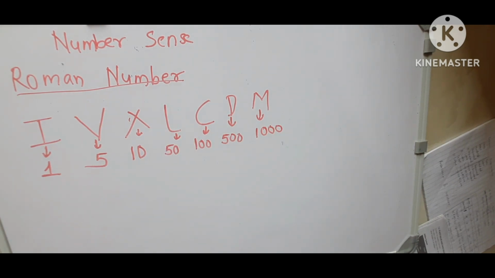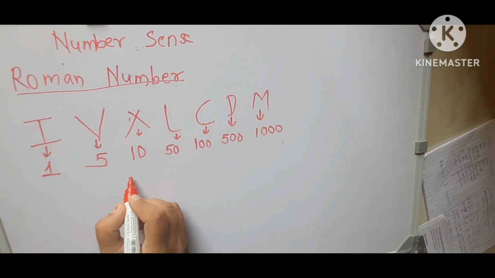Okay. The second thing you need to remember is, whenever you see any Roman number, if a smaller Roman number is before the bigger Roman number, then you always need to subtract it and form your number. If you follow this rule, all of your sums will be correct. For example, if I want to write 9, how will I write it?